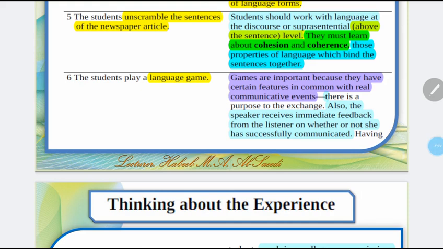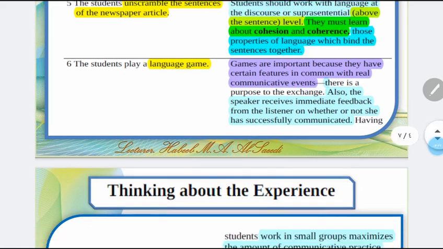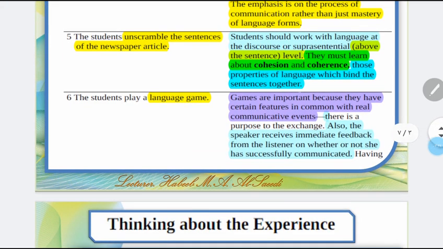Okay, the students unscramble the sentences. When they finish reading and underlining and working on some activities on the text, the teacher asks them to reorder the sentences. And this depends on cohesion and coherence. Students should be able to connect the sentences, to link or bind the sentences to each other by using conjunctions, connectors, different types of signals, time signals or order signals.